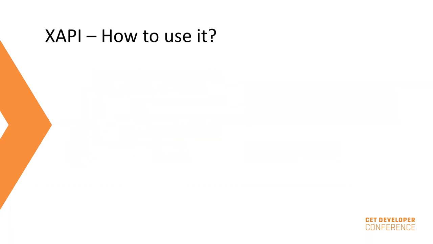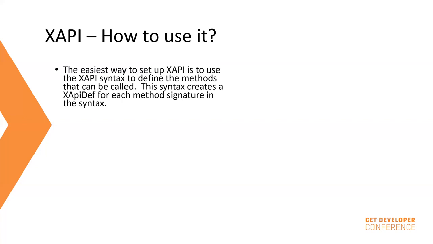So how do we actually use XAPI? The easiest way to implement XAPI is to use the syntax. Just like the propdef syntax, this syntax will add all of your XAPI defs to your object.